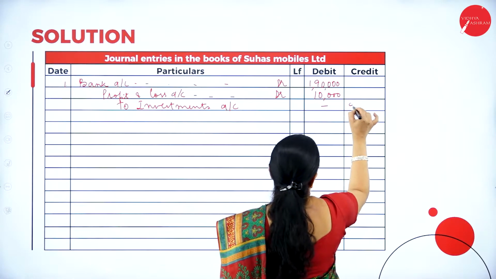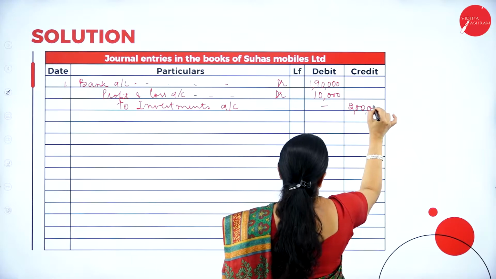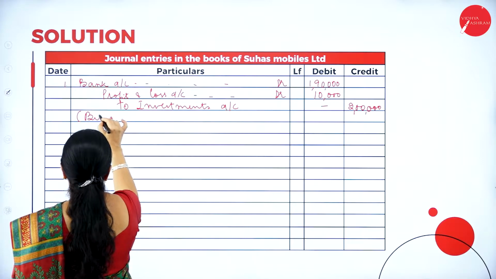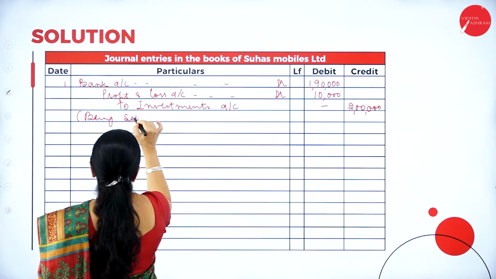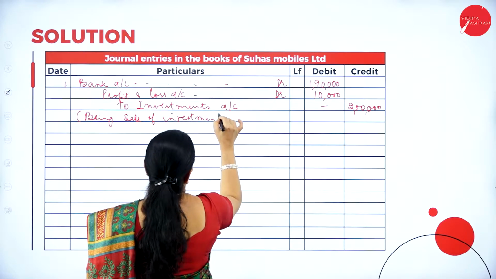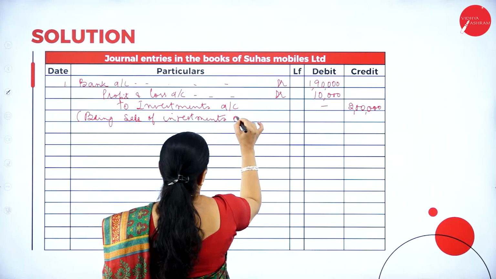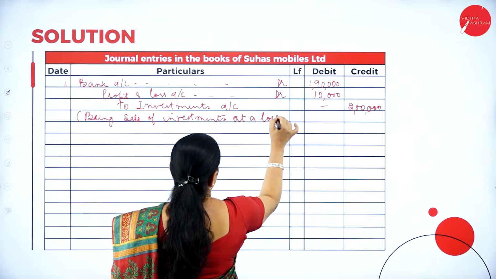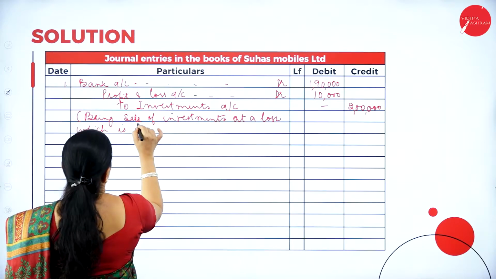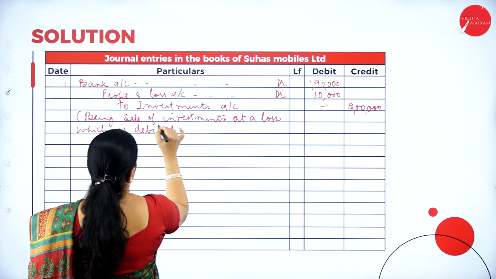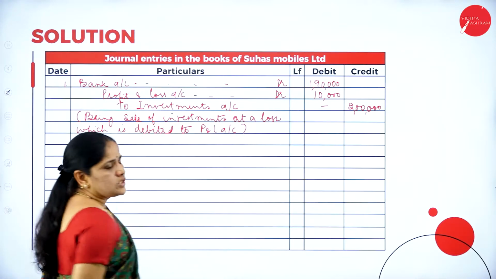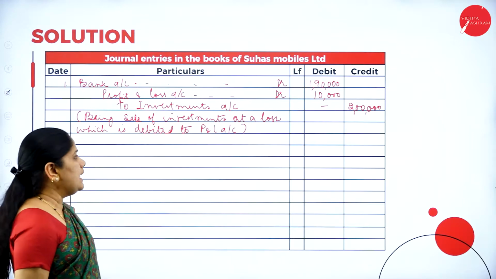To investments account 2 lakhs, being sale of investments at a loss, which is debited to P&L account. So the loss has been debited to P&L account.